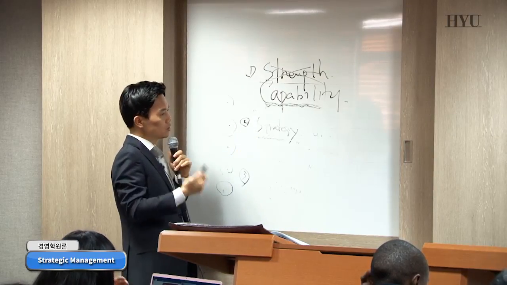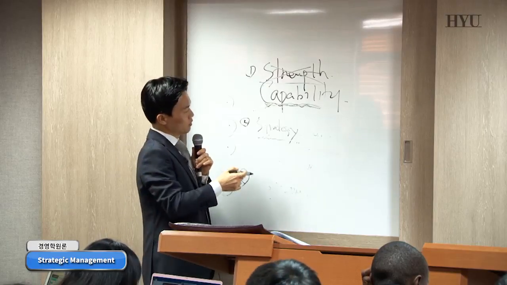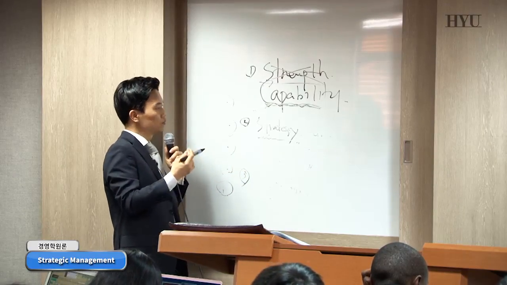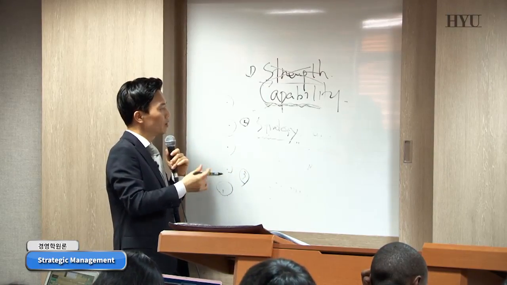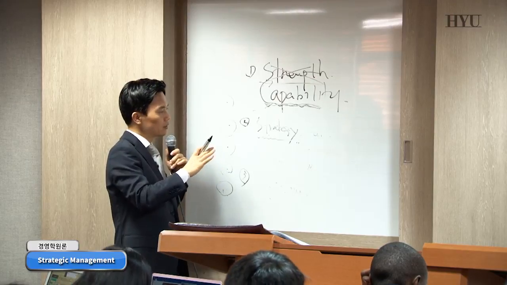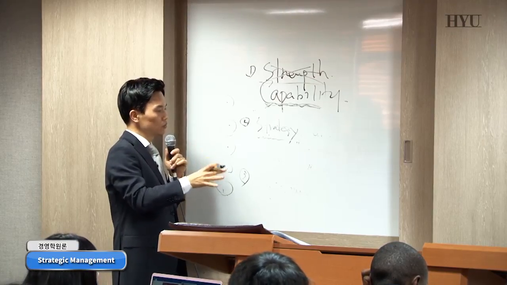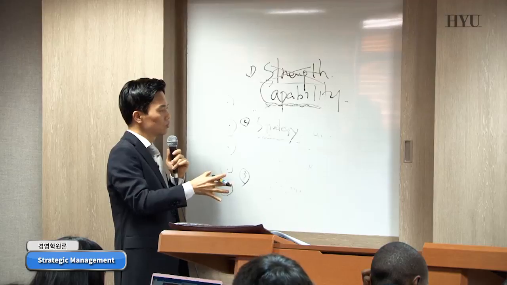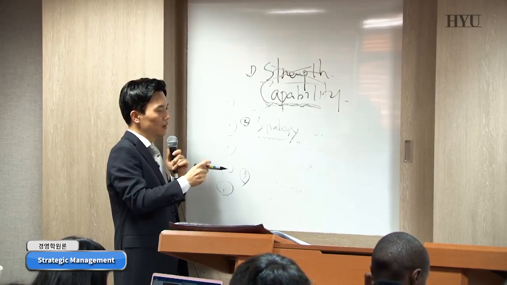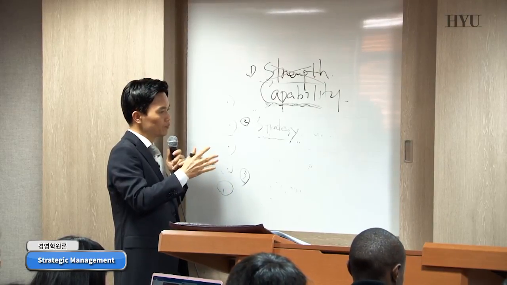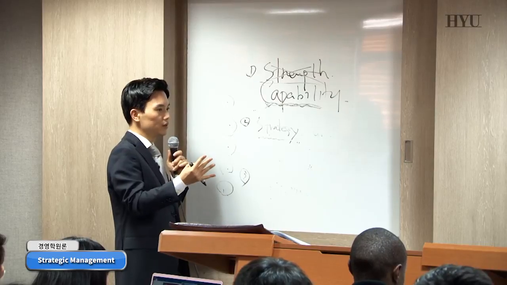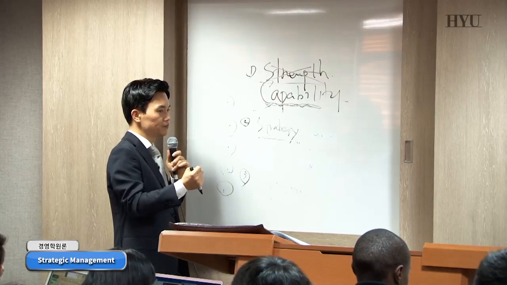But in strategic management, there are 1,000 strategies chosen by companies, right? But you can group those 1,000 strategies into 4 different kinds of strategies, right?